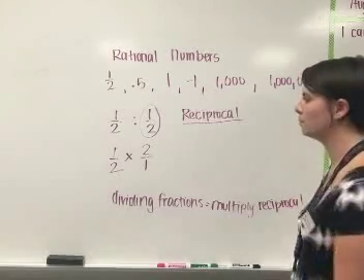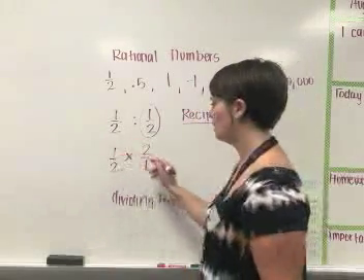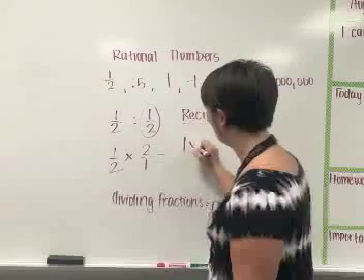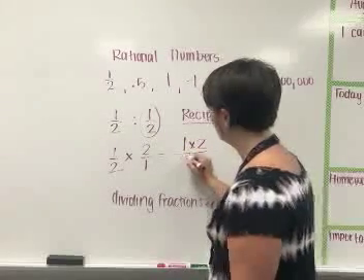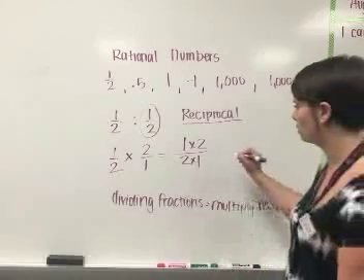Okay, now, if I multiply by the reciprocal, how do I make this look? I make it look like 1 times 2 over 2 times 1. That's what multiplying looks like for fractions, okay?